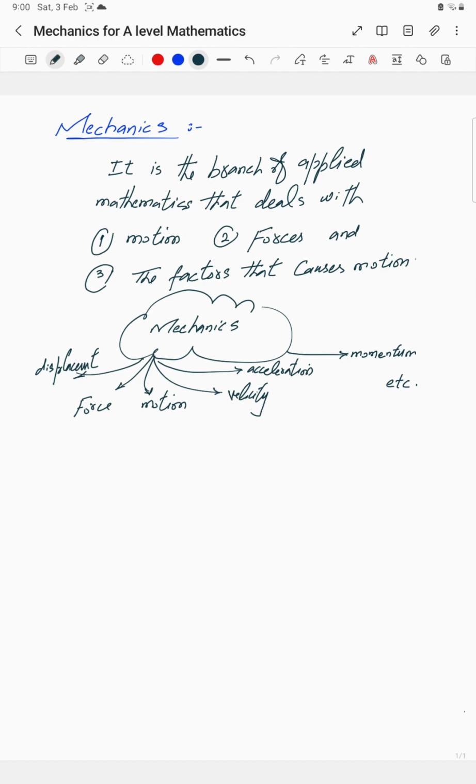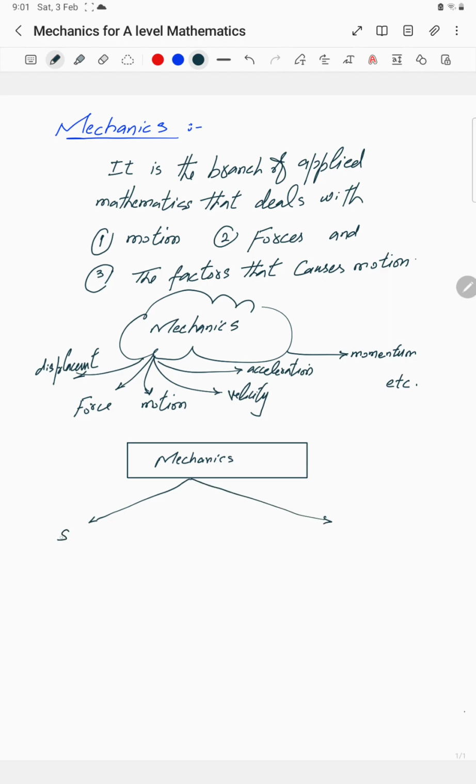So first of all, we have to divide mechanics into two types. It has been divided into two main branches.